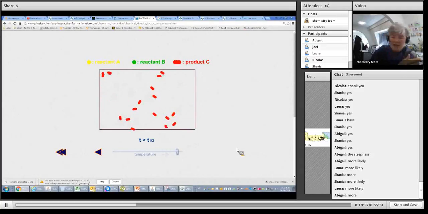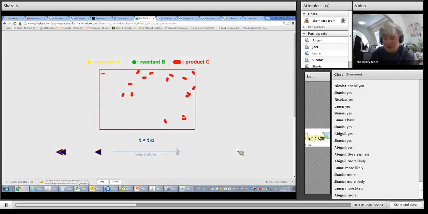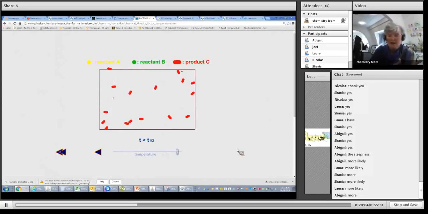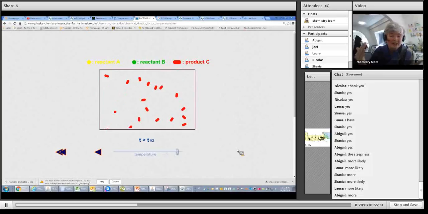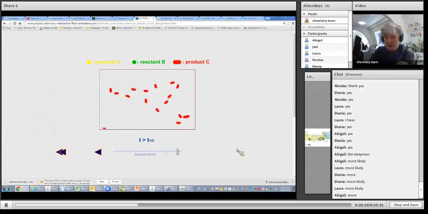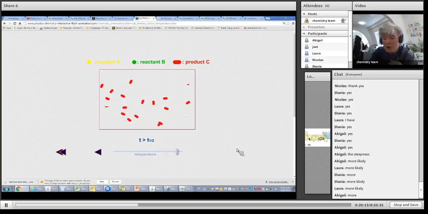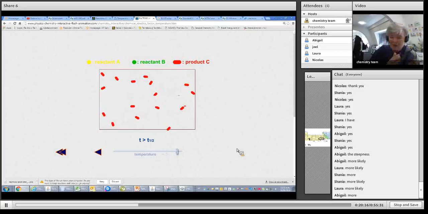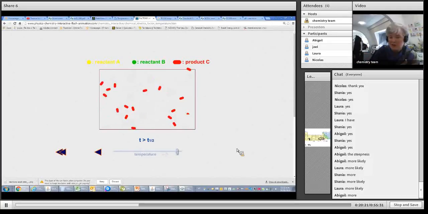So if originally half of those collisions resulted in a reaction, now with the higher temperature, not only have I got more, I've now got 100, but I've got a greater proportion. So I could say now 3/4 of them will result in a reaction. So can you see, I'm now not just going from 60 to 100, but I'm now going from 30 to 75.